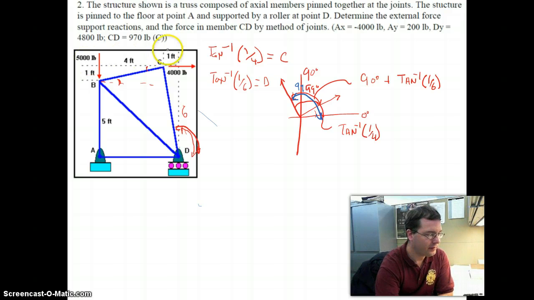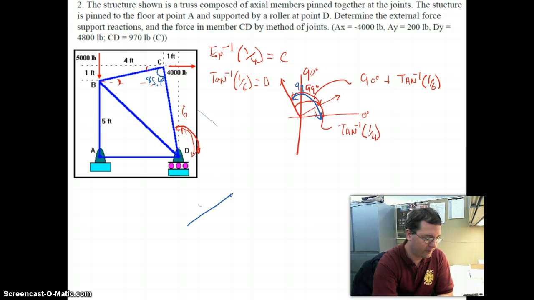All right, so this angle here is about 85.4 degrees. Well, let's draw the end of component BC in a little more detail.